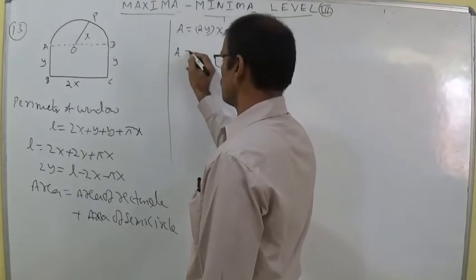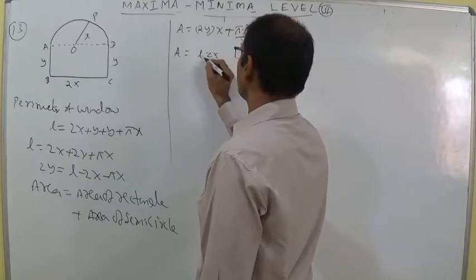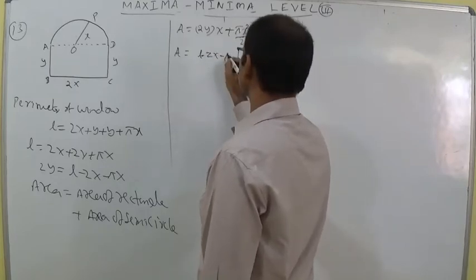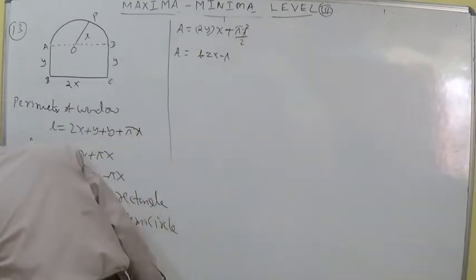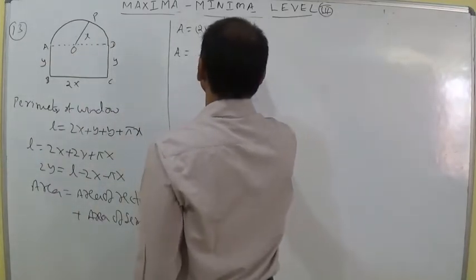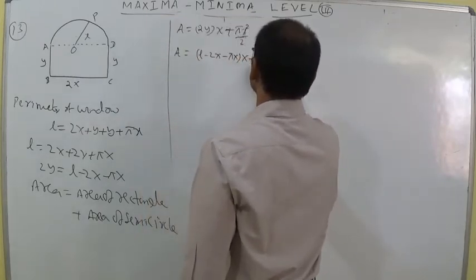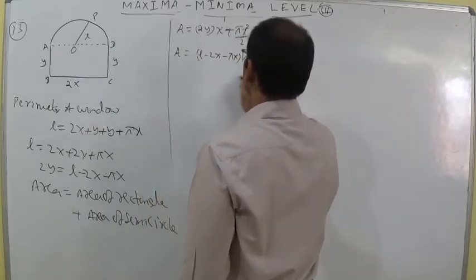So A is equal to what, students? 2y we had written here as L minus 2x. L minus 2x minus pi x, into x, plus pi x square by 2.